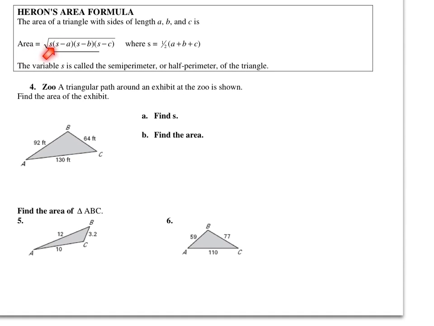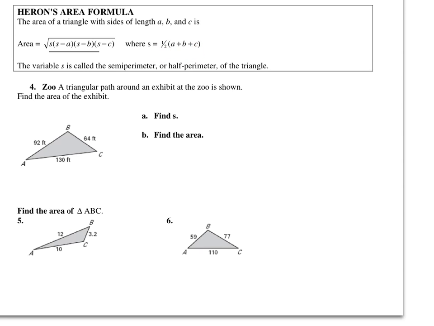Area equals the square root of S times the quantity S minus A times the quantity S minus B times the quantity S minus C, but we got to know what S is. S equals half times the quantity A plus B plus C. So S is called the semi-perimeter or half perimeter of the triangle. So before we can use our area formula, we have to first find S.